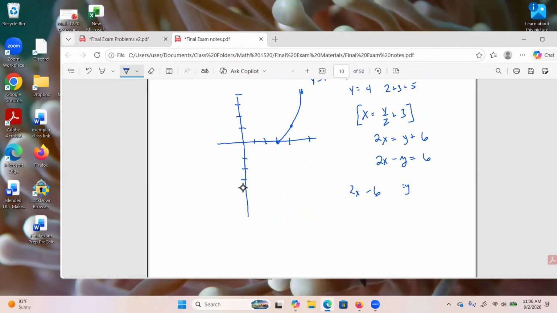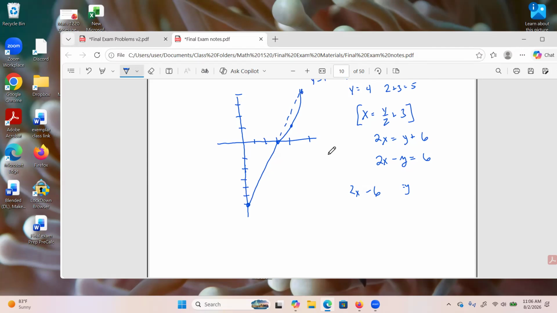When y is equal to 0, x is equal to 3. So we connect the dots, and then see where these connect.